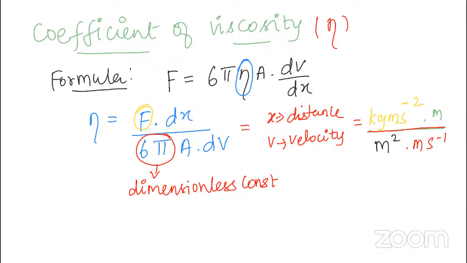Now we cancel the common terms. So m square. Okay. So remaining kg meter power minus 1 and second power minus 1. So now tell me the dimensional formula for this. Put it in the comment box, children.